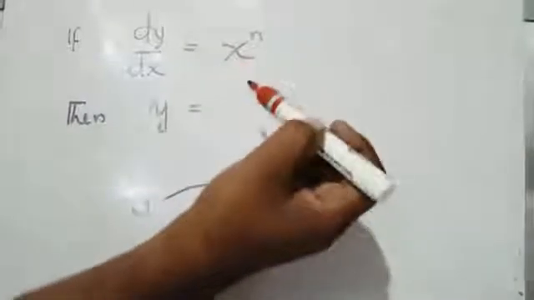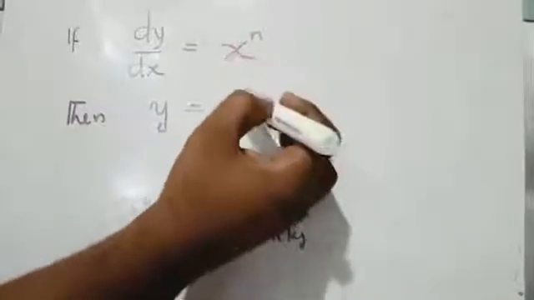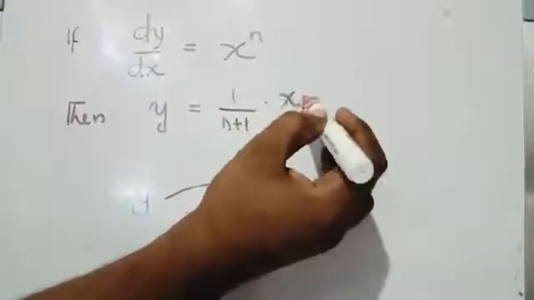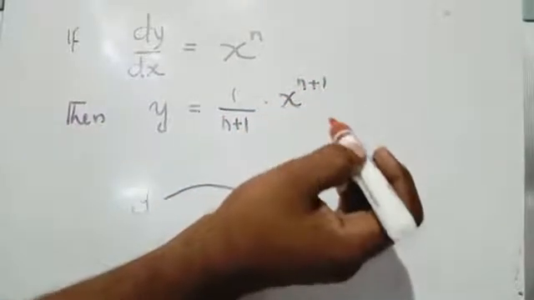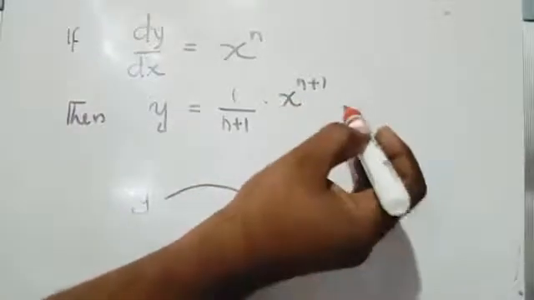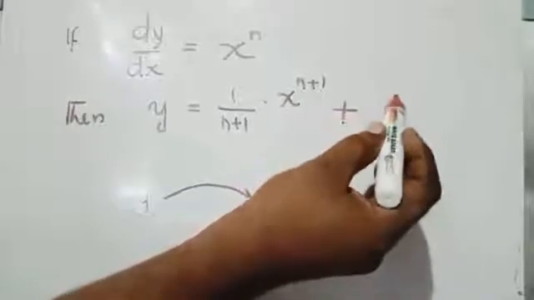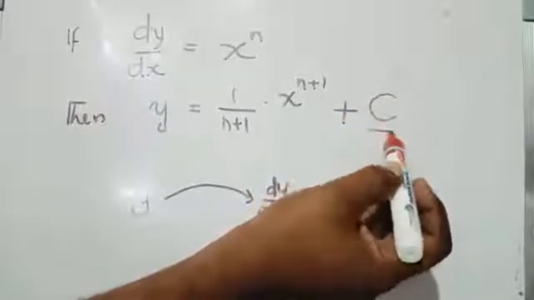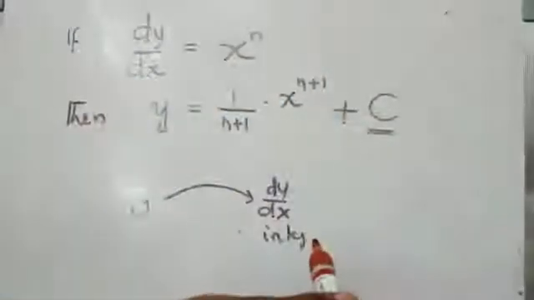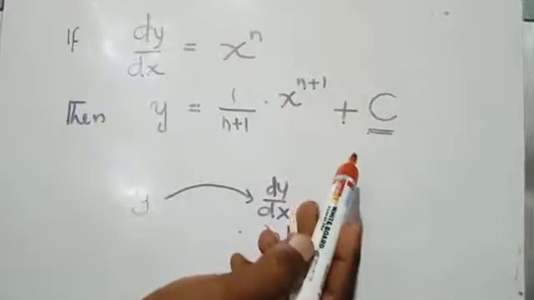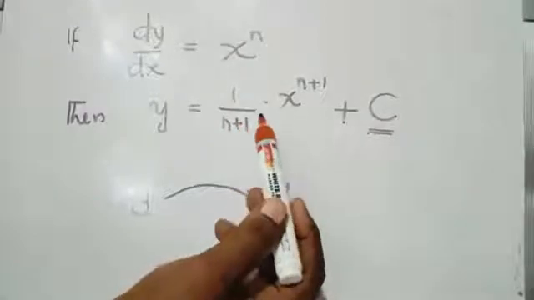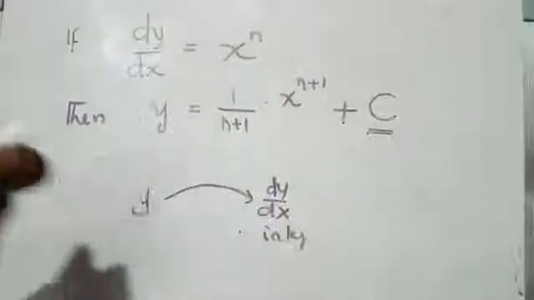So y can be found by using the formula 1 by n plus 1 into x raised to n plus 1 plus c. Why did we get a c here? For that we discussed the previous 5 examples. There was a constant remaining there. So y is equal to 1 by n plus 1 into x raised to n plus 1 plus c.